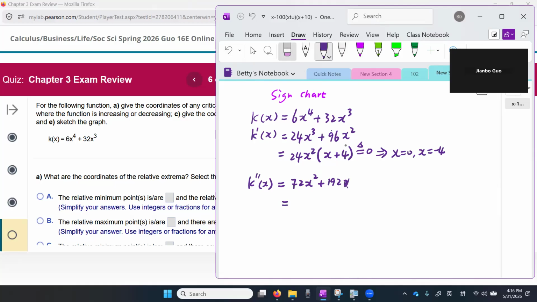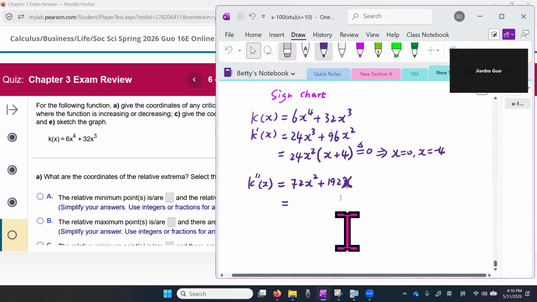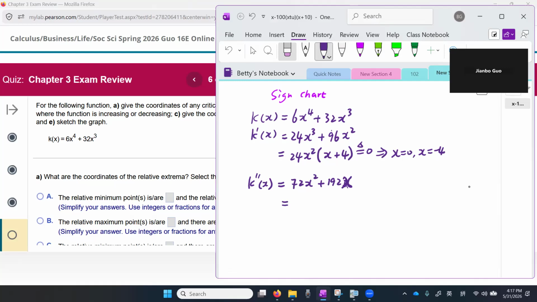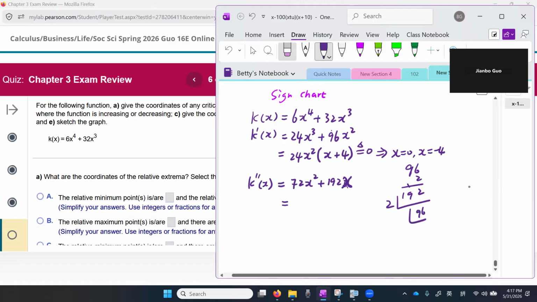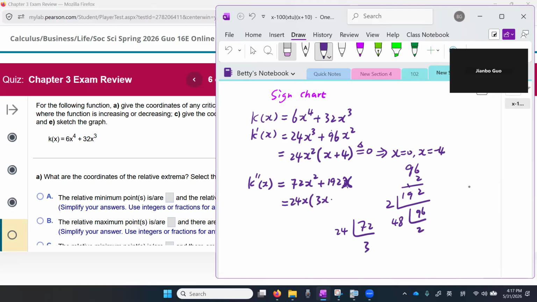The GCF is 24 again, with x. So 24x times 3x plus 8.